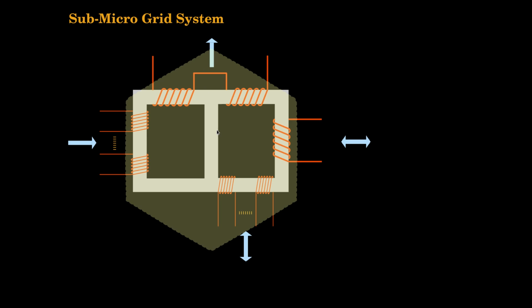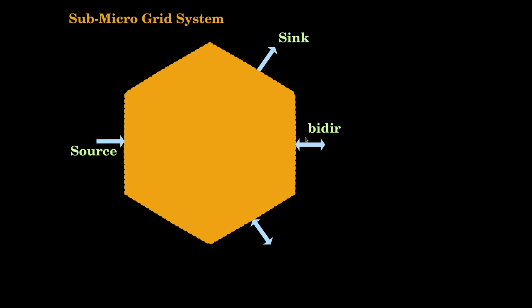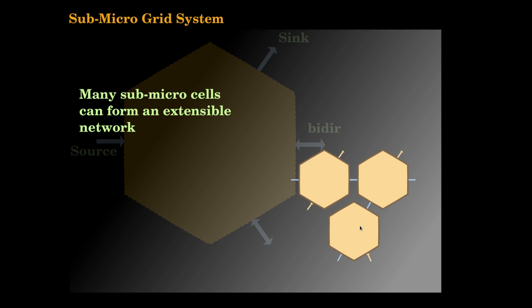So this could be one unit, and then there can be many units. You see sinks, sources, bidirectional units, and many such units can be integrated to form an extensible sub-micro network, something like power internet.